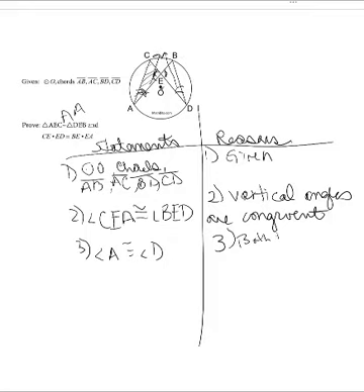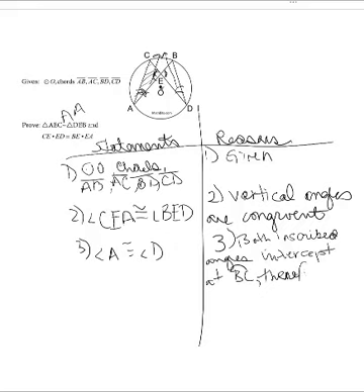Both inscribed angles, it's always good to add in vocabulary, intercept, if we're trying to use the correct word for where they cross, at BC, and we're talking about arc BC. Therefore, they are congruent.